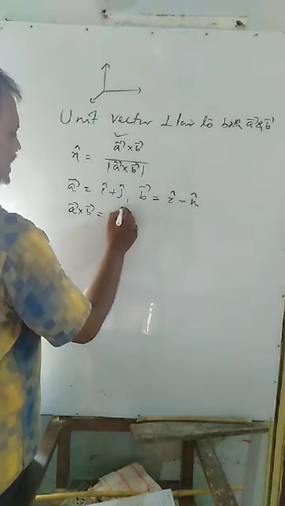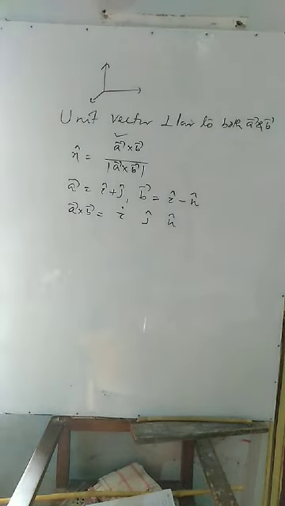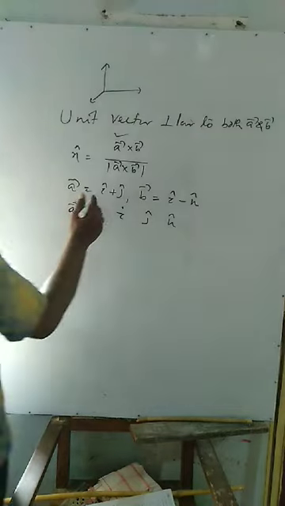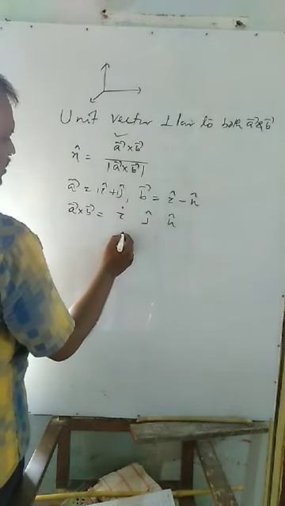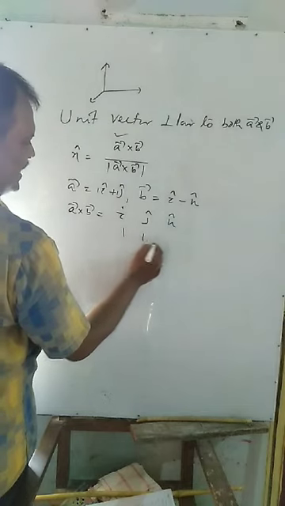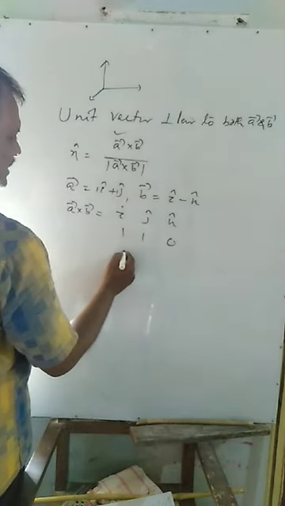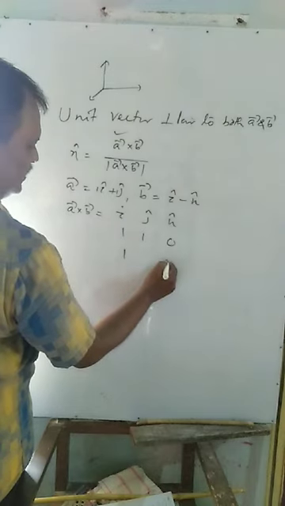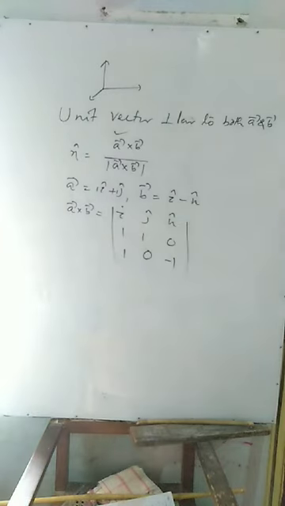First of all, you write i cap, j cap, k cap. The coefficients: here it is 1, here it is 1, and k is nothing, so 0. For the second vector, instead of i you put 1, instead of k you put minus 1, but j is nothing, so you put 0.